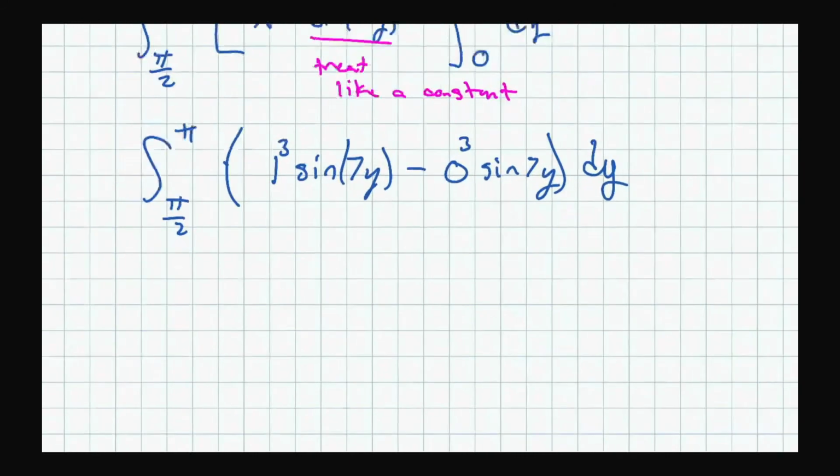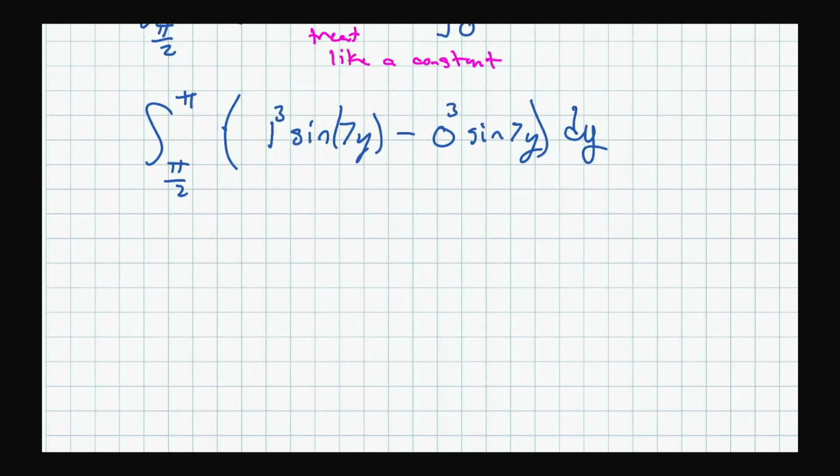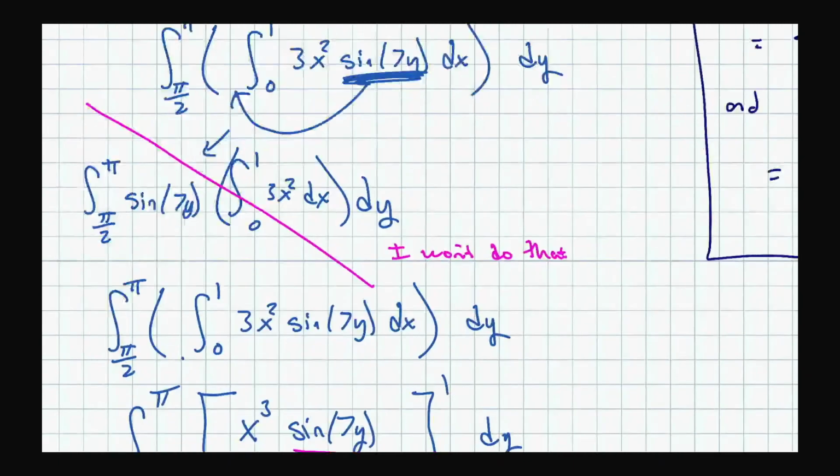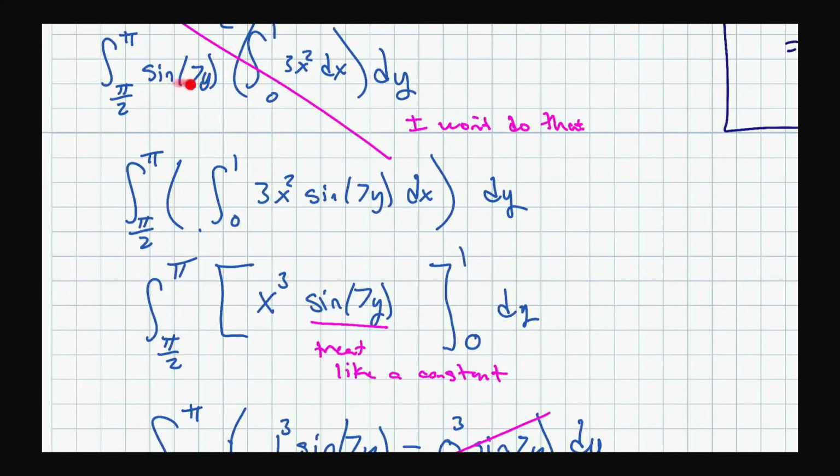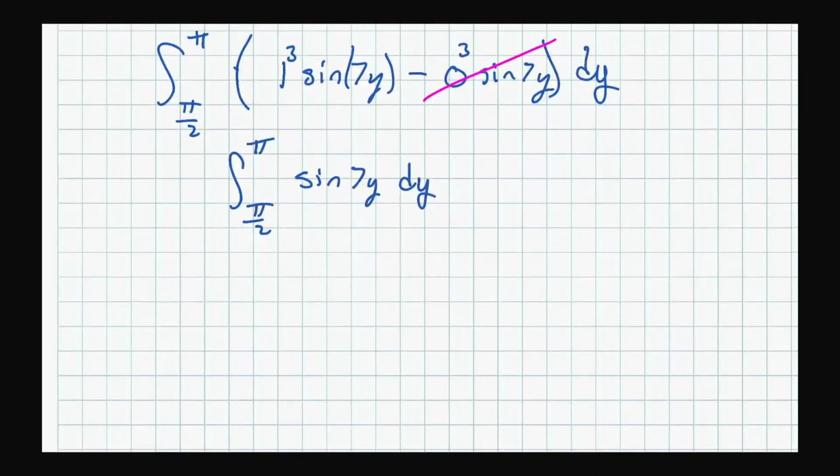Of course, that entire second term is going to disappear because of the 0. So then you end up with pi over 2 to pi of just 1 cubed sine 7y, which is just sine 7y. Now, of course, that's what you would have gotten if you had pulled out the 7y anyway. It's not gonna change anything. It's just how you feel like writing it.